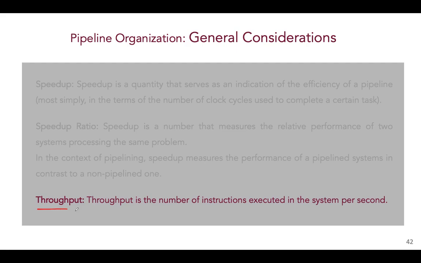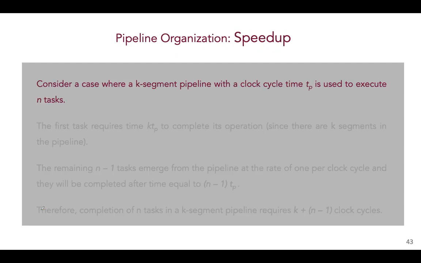In case of pipelining, throughput is the number of instructions executed in the system per second. So very simply, speed up ratio and throughput are how we actually measure the advantage of a pipeline. All right, now we're going to talk about them one by one. So let's first start with speed up.